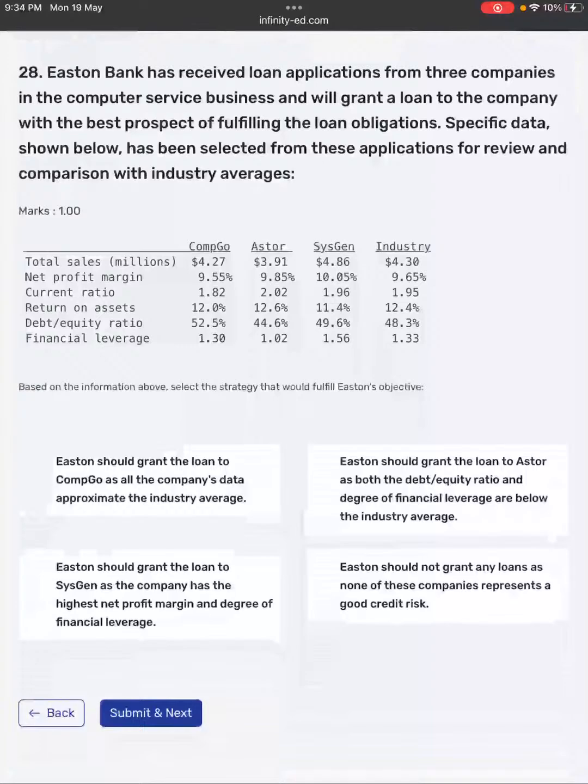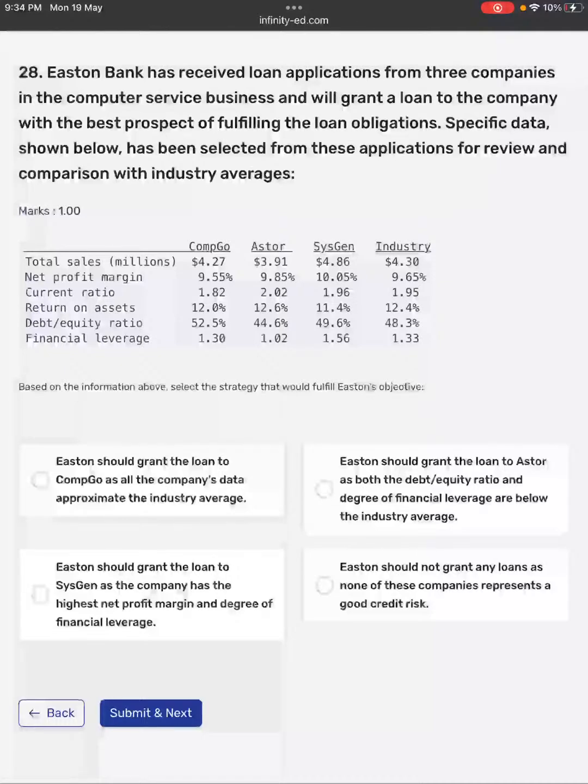These companies are applying for a loan, and the bank will decide whether the loan is granted on the basis of their financial statements. What will the bank check? The bank will check their ratios: net profit margin, current ratio, return on asset, debt equity ratio, and debt coverage ratio.